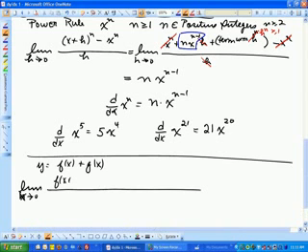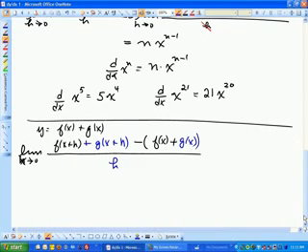f of x plus h, and just to make it clear to you here, plus g of x plus h, minus f of x plus g of x. And I just put them in color there so that you could separate them out, as we're going to have to do in the next line.